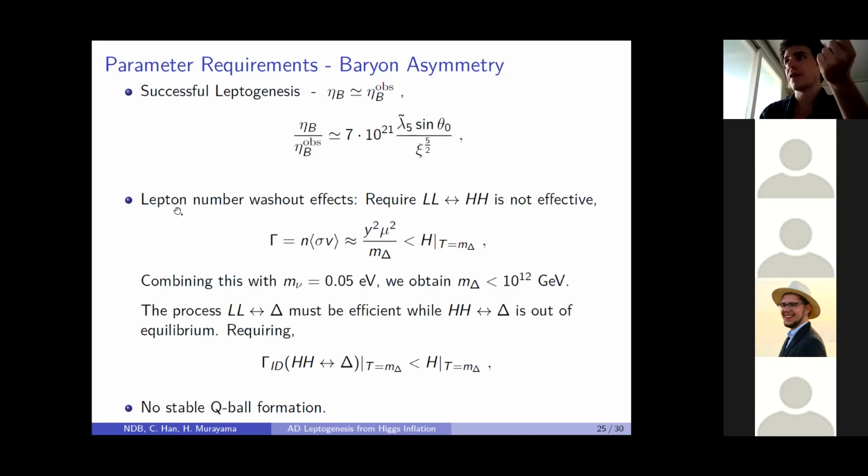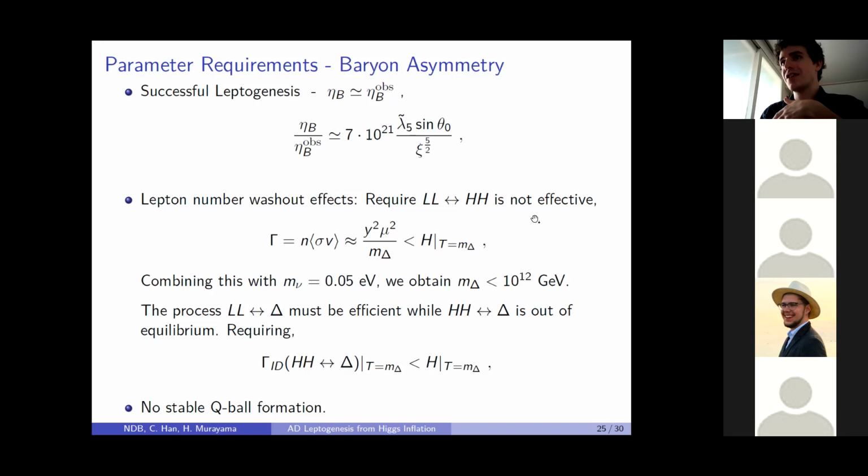There is one thing I didn't mention: we require that the lepton number that we generate survives in the thermal plasma. Because we've introduced these lepton violating interactions, it's possible that you could have washout. So you need to consider the different interactions, namely lepton-lepton to delta and Higgs to delta, which is this lepton violating interaction, and require that the parameters and the couplings are such that at no point is this interaction in thermal equilibrium.